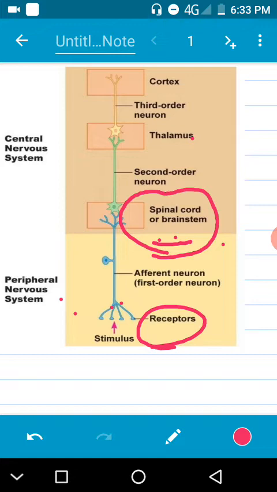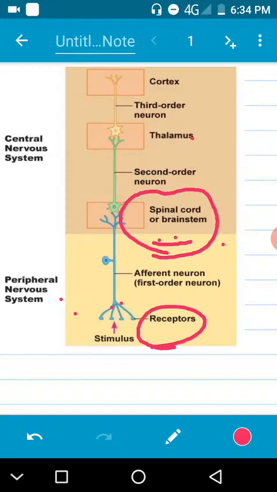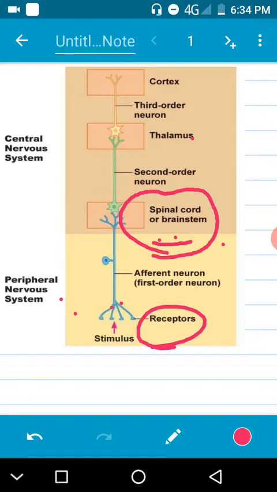So basically, the first order neuron in any sensory pathway comes from the spinal cord or the brainstem. So that's what I'd like to tell. But they have a few exceptions as well, so it differs from one place to the other. And the first order neuron ends in close contact with the receptor, or in case of the somatic sensory system, the nerve endings of the primary neuron or the first order neuron are themselves modified into the receptor, as we'll say later.